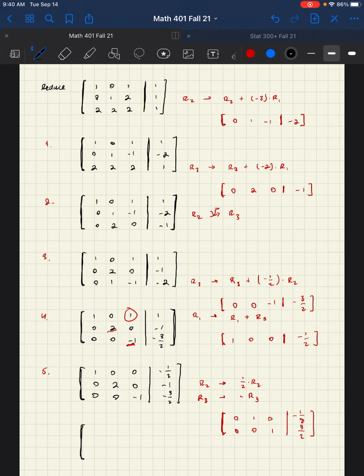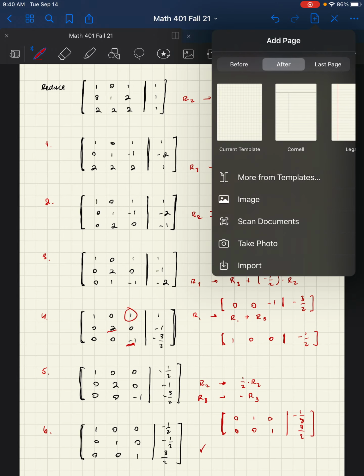All together then, our final form is 1, 0, 0, 0, 1, 0, 0, 0, 1. We have negative 1/2, negative 1/2, positive 3/2. Okay, and I claim that this is what we wanted. We're done. Why? I'm going to convert this now back from augmented matrix form to the original equation form.